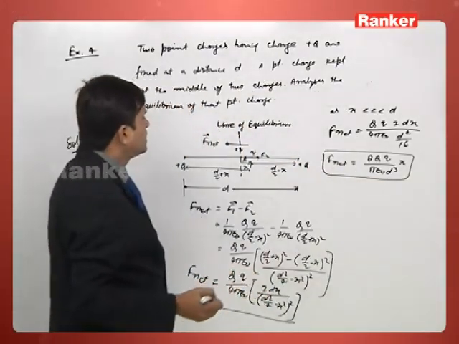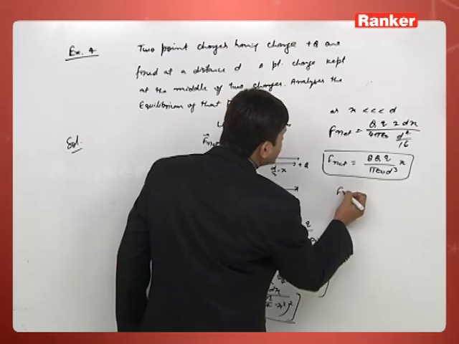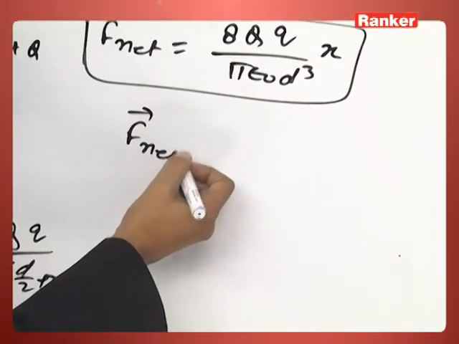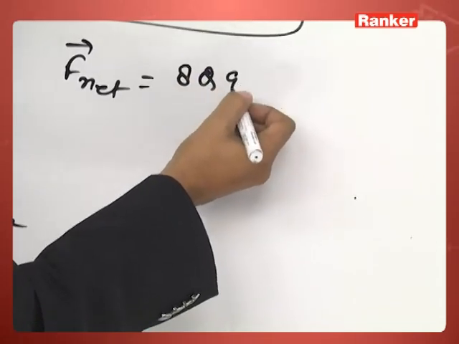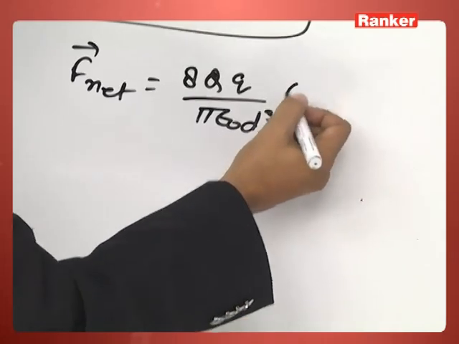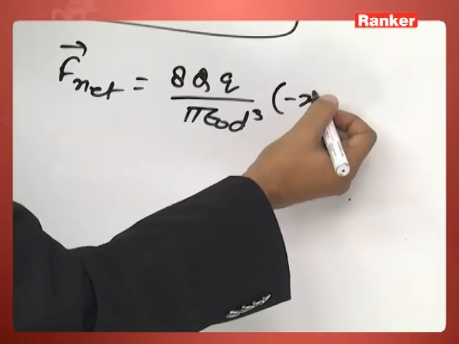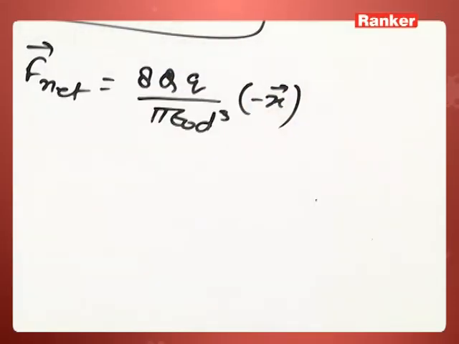Now if we write it in vector form, F net is acting opposite to the direction of displacement, so we can write minus x like this.